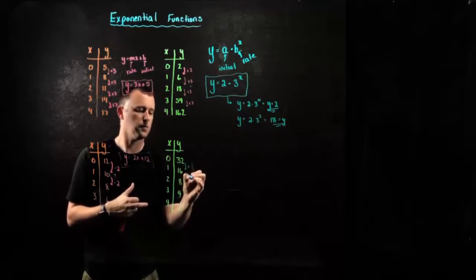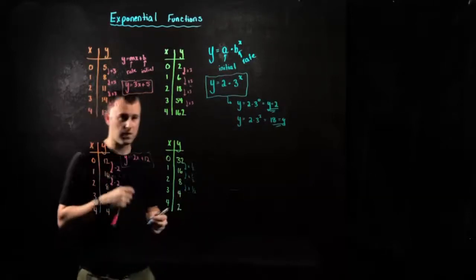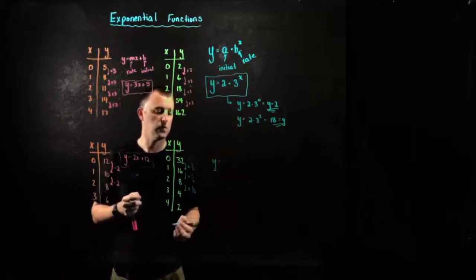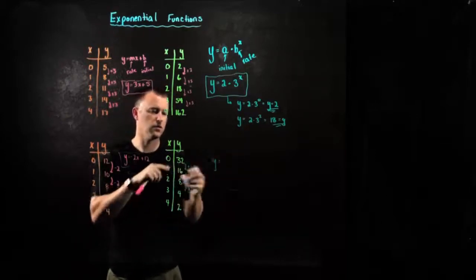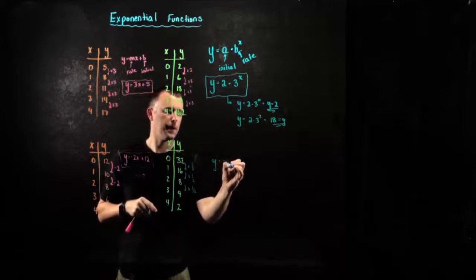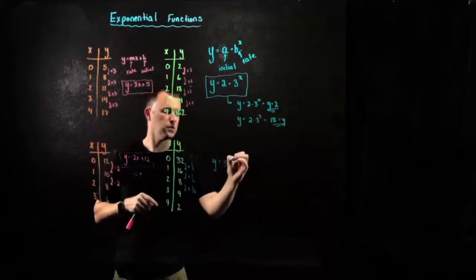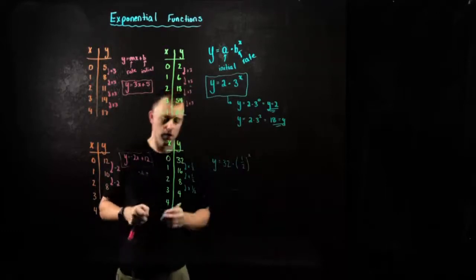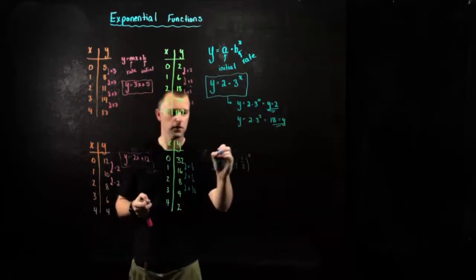If I just kept multiplying by 1/2, I would have a constant rate, and you'll see that it does match. So this equation is going to be y equals a times b to the x. A is going to be your initial value, so 32, times your rate, which in this case is 1/2, to the x.